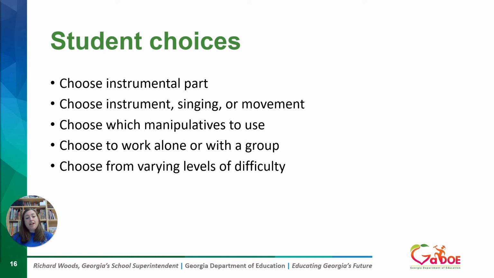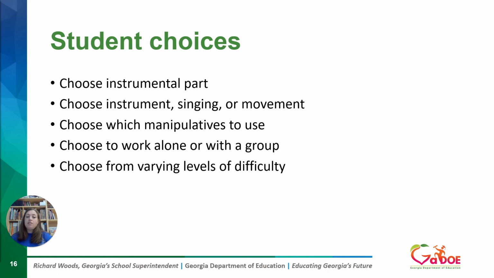As I discussed in the last topic, I have an example where I do rhythm notation and I give the students either pre-written notation cards or popsicle sticks or a dry erase board, and they get to choose which manipulatives they want to use. I also sometimes let my students have a choice of whether they want to work alone or with a group.